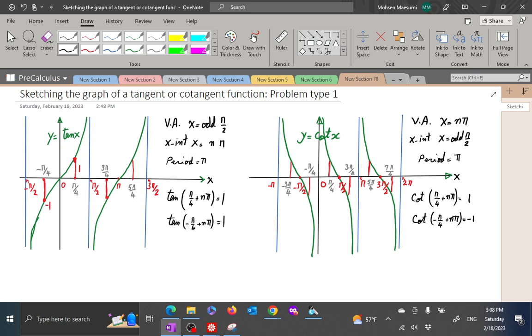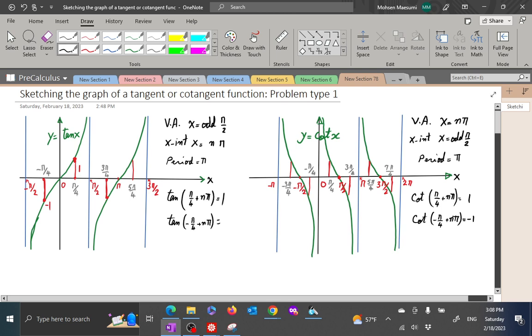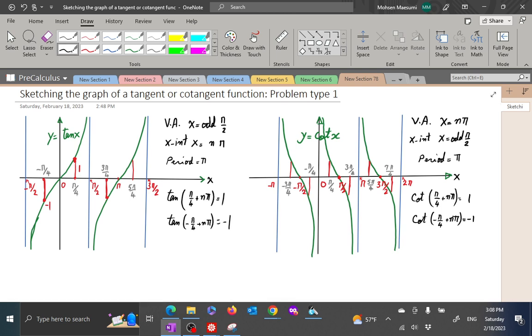So every pi that you add to your pi over 4, you still have tangent equal to 1. And every pi that you add to your minus pi over 4, let's correct this, this was minus 1. So tangent of 3 pi over 4 is also minus 1, and 7 pi over 4, and so on.